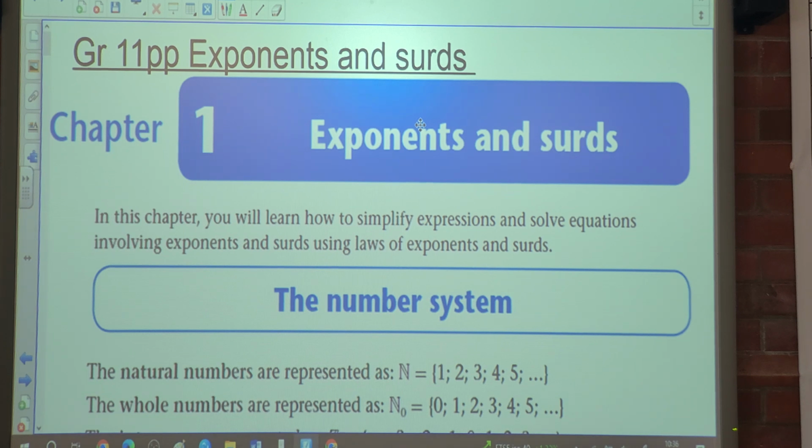Okay, good morning class. So today we're looking at exponents and surds.